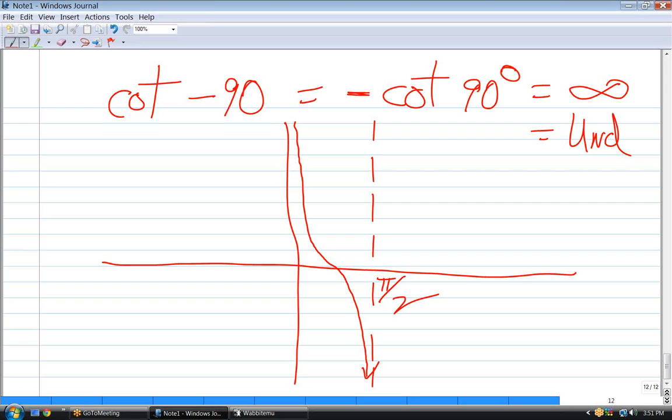Now, I've made a mistake here. That's not the tangent curve. The cotangent curve goes from 0 to pi, not pi over 2. So, at pi over 2, which is right there, cotangent is 0. So this answer is actually 0.